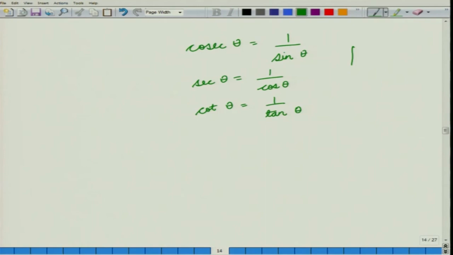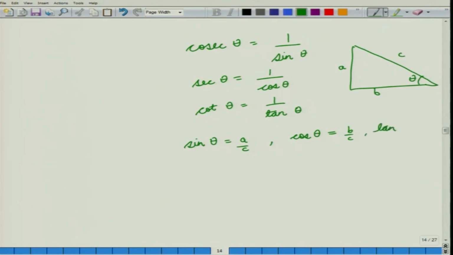Now, in this triangle we have sin theta equals A upon C, cos theta equals B upon C and tan theta equals A upon B, which would imply that tan theta equals, now A we can take from here.